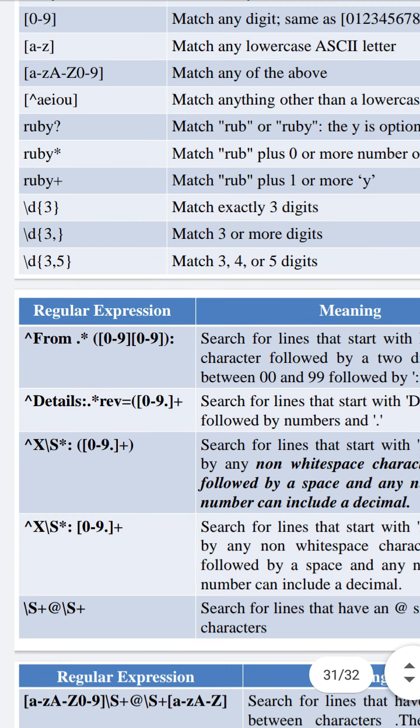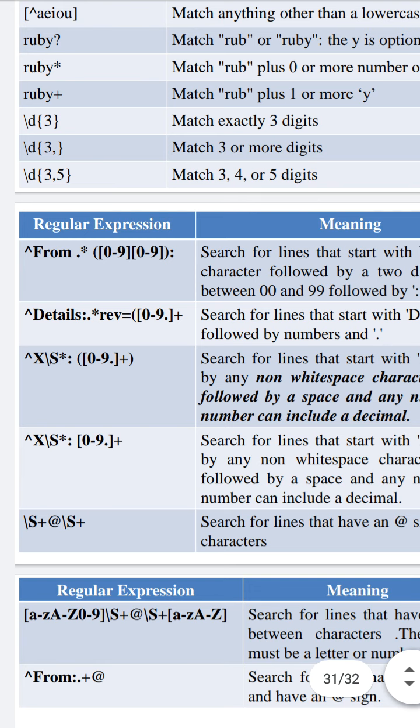Next, backslash d curly bracket 3 comma matches 3 or more digits, because we have not specified the second range. Next example, backslash d 3 comma 5, the range is 3 to 5, minimum 3 and maximum 5, hence it matches a string of 3, 4 or 5 digits.